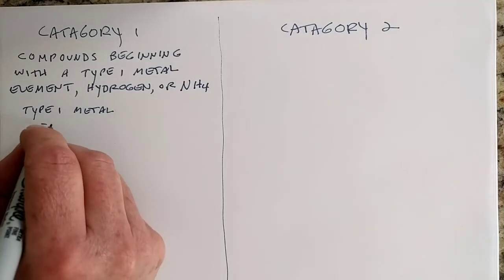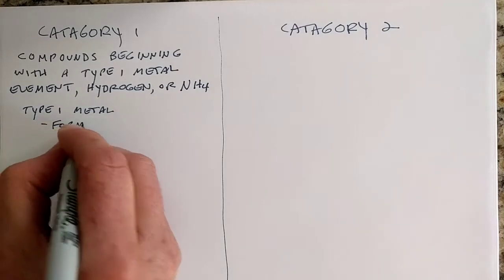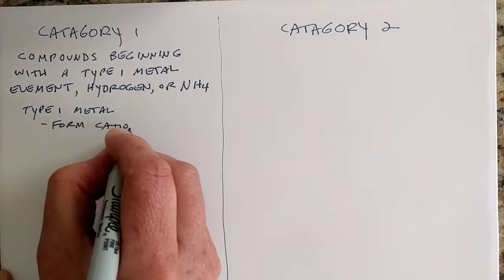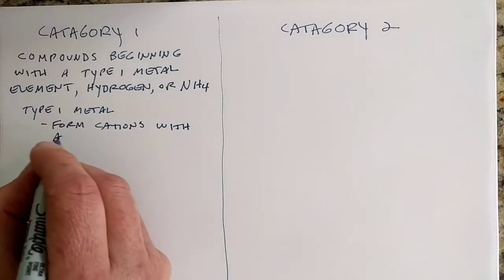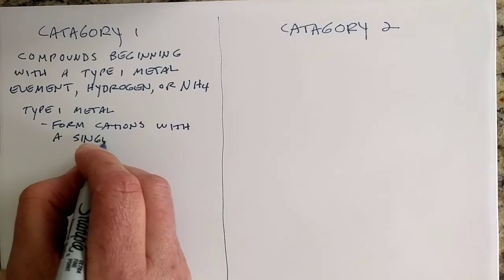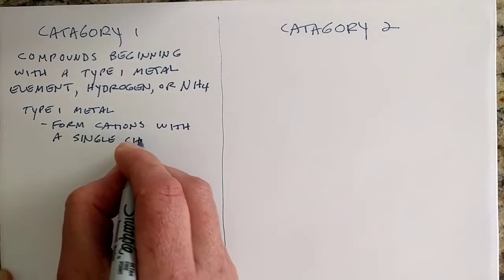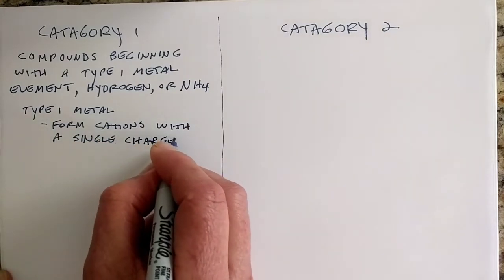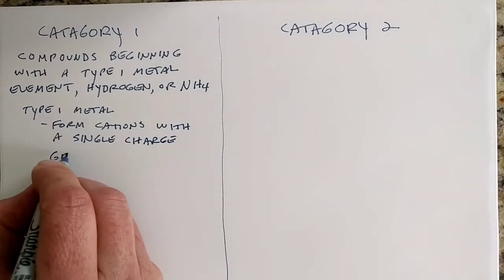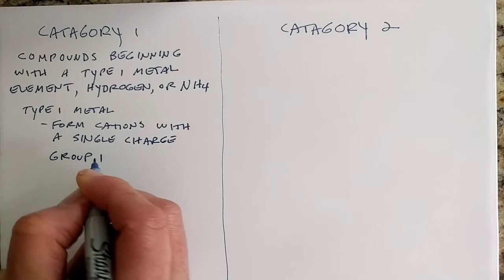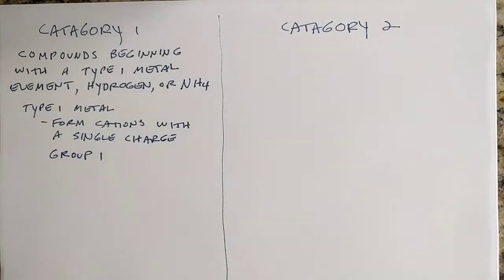So these form cations with a single charge. And they are group 1. So from our periodic table, lithium, sodium, potassium, rubidium, cesium, and francium.